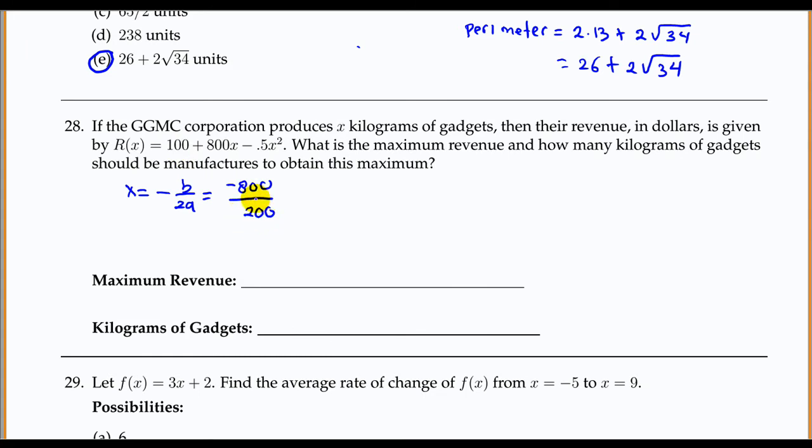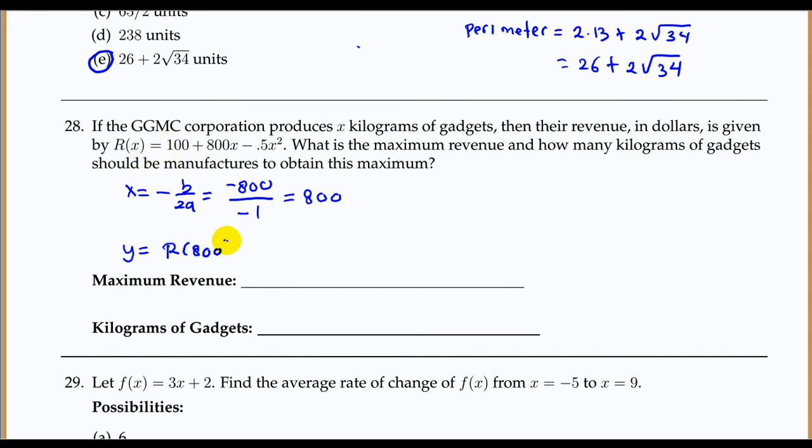We need to be careful here because this quadratic function, oh I'm sorry, nothing wrong with this. So be careful that a is negative 0.5. Okay, so 2 times negative 0.5 is negative 1. So x is 800. And for the y coordinate, we just plug in this 800.